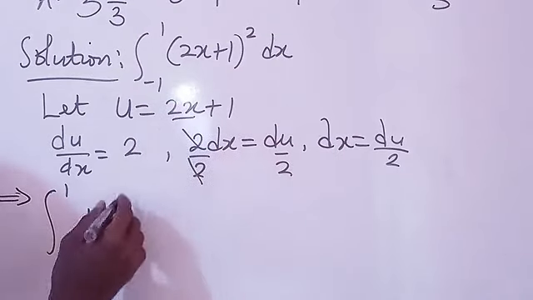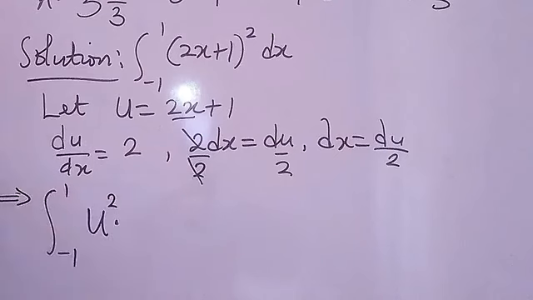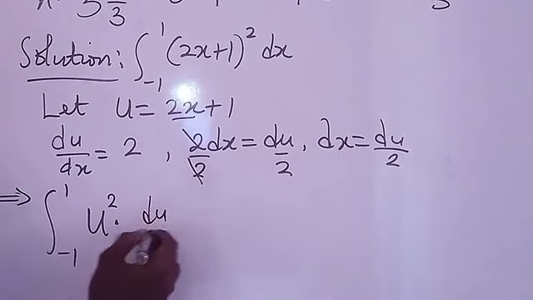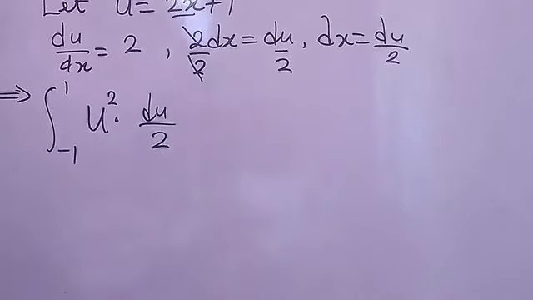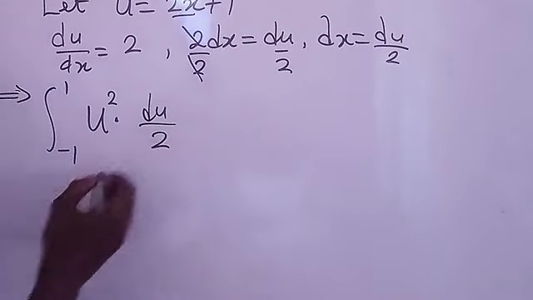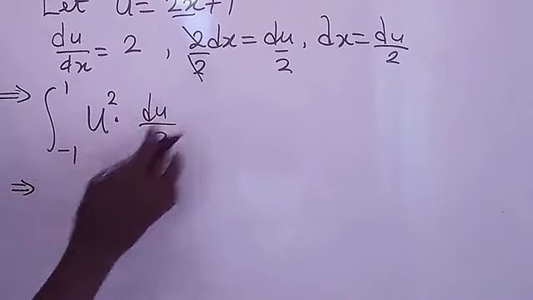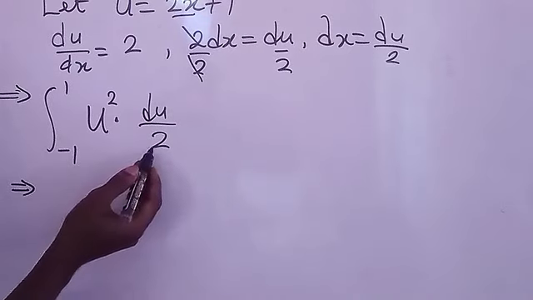But don't forget that we have a square here, so you put the square. Then dx is going to be du over 2. Are you following? From there, you can see that all the variables have changed to variable u. So we have these two here.